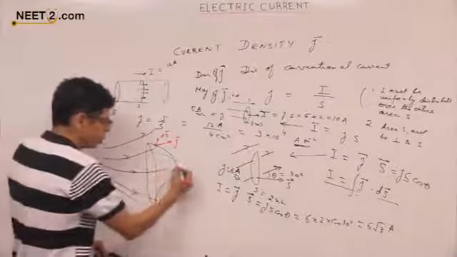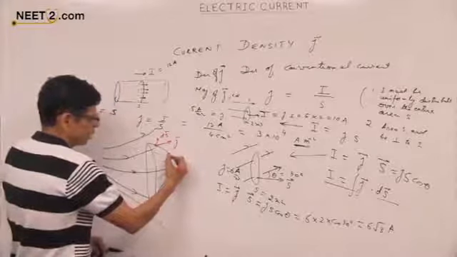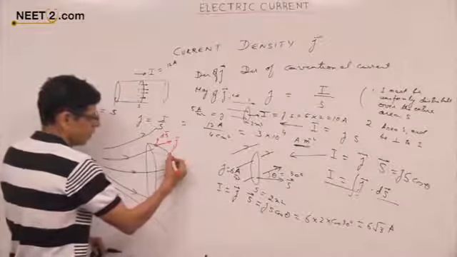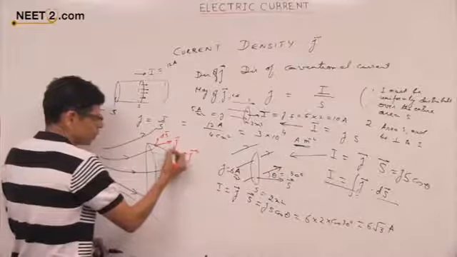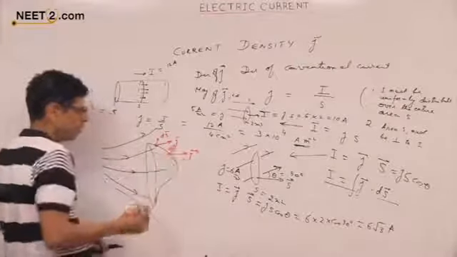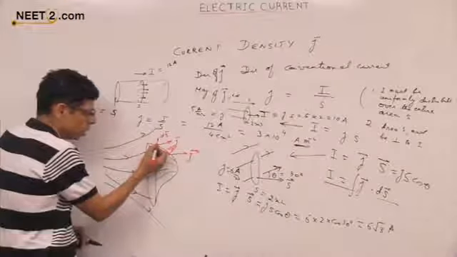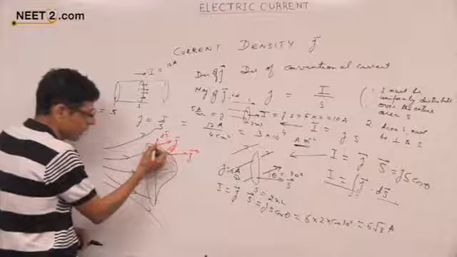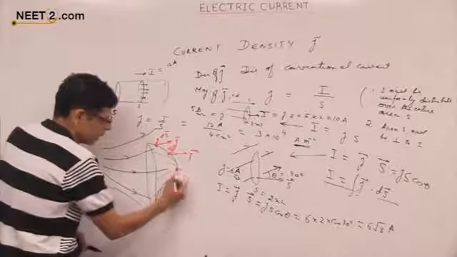Then take this other area patch and check the area vector. It's that way, and the J vector is that way. Take this J dot dS, once again a little scalar value. So this J dot dS tells you how many coulombs of charge go penetrating through this, and through this, and through this.